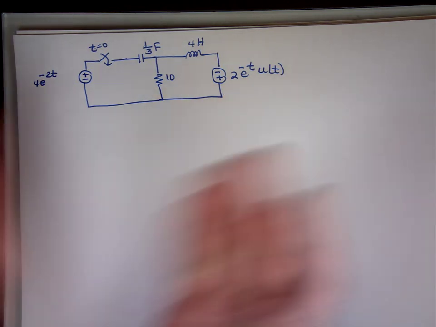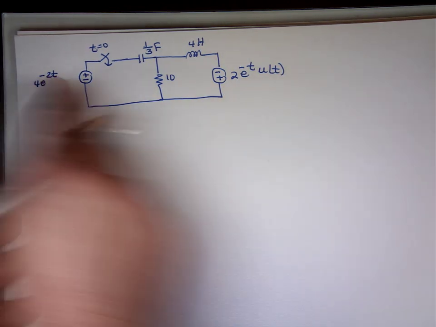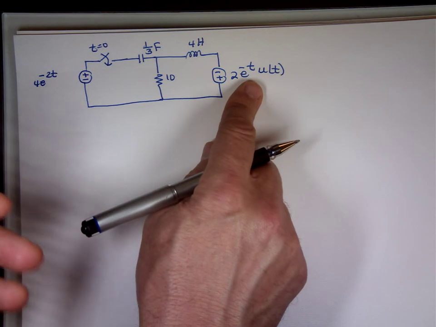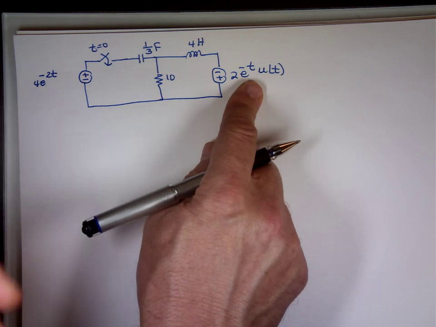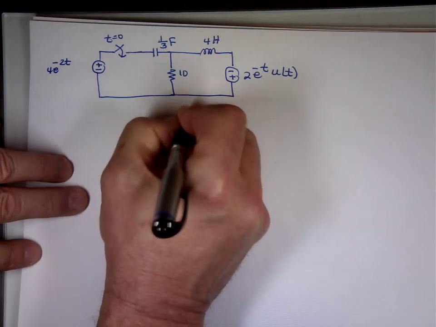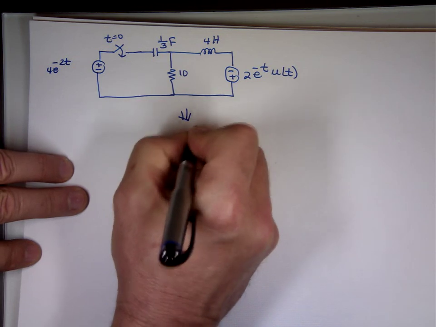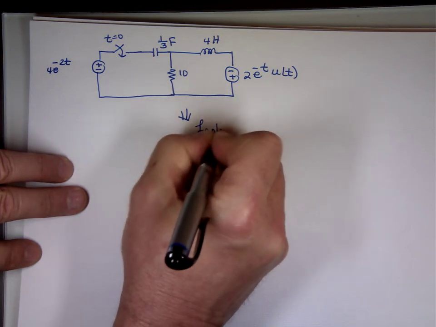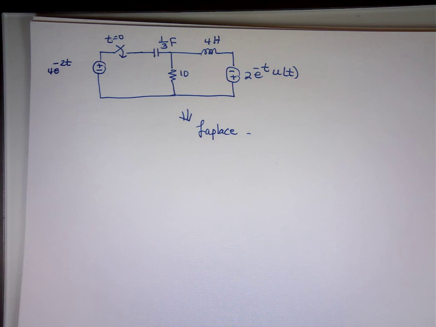Normally, when you have a problem like this, e to the minus 2t, e to the minus t, if you were doing it by hand, you'd use what? Time domain superposition. But I don't have to. The process here is to take this circuit, the first step, and find the Laplace of that. Here's the good news.